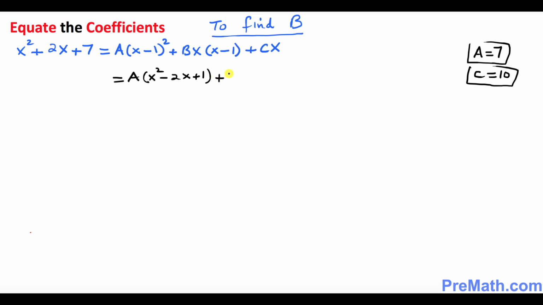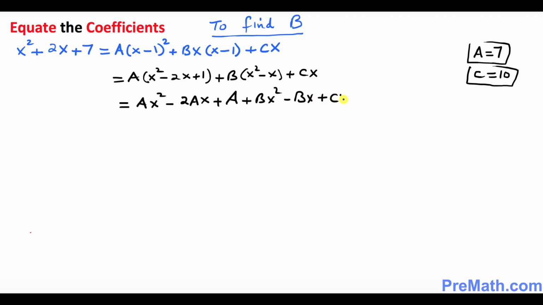So plus B times x squared minus x, plus Cx. So this becomes Ax squared minus 2Ax plus 1A plus Bx squared minus Bx plus Cx.